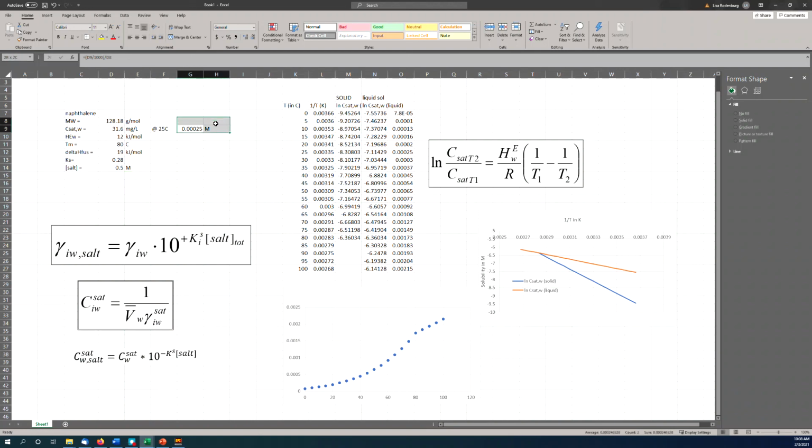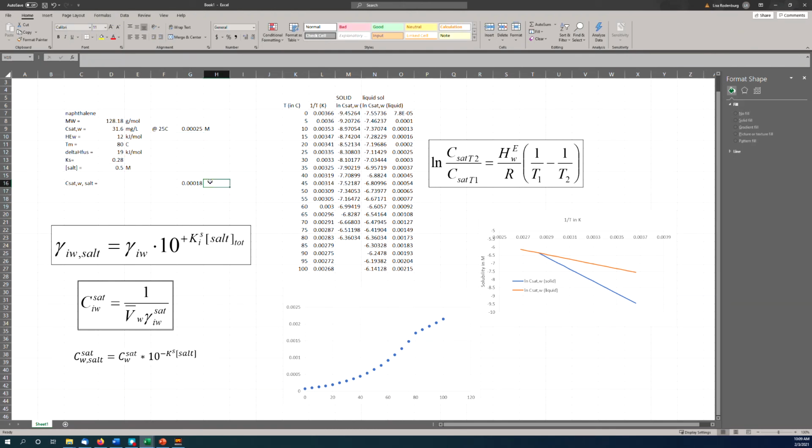So here's our solubility in fresh water. So our solubility, which we'll call CSAT-W salt at 25 degrees C, is going to be this CSAT-W times 10 to the power of, parentheses, minus Ks times salt concentration, close parentheses. Bada bing, bada boom.